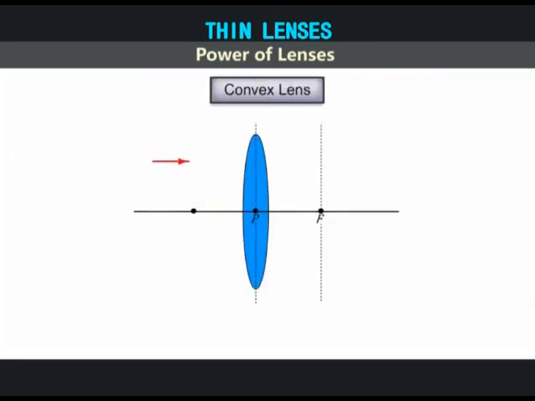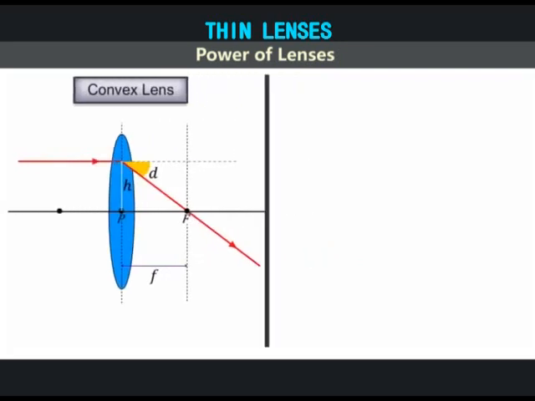You know that a light ray, when incident parallel to the principal axis, after refraction by a convex lens, passes through the principal focus. If the ray is incident at a height h from the pole, and the deviation of the light ray, or the angle through which the light ray converges, is d, then tan d is equal to h over f.